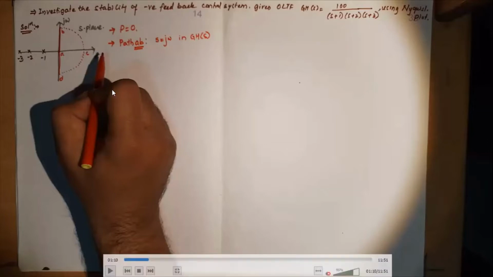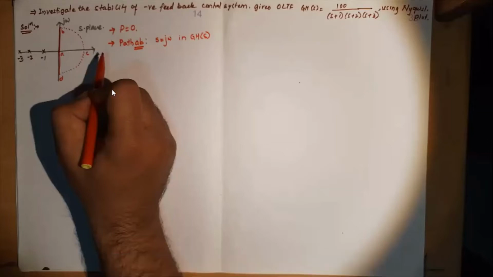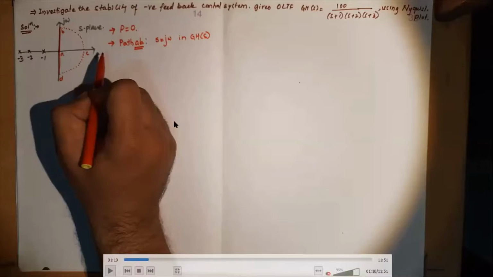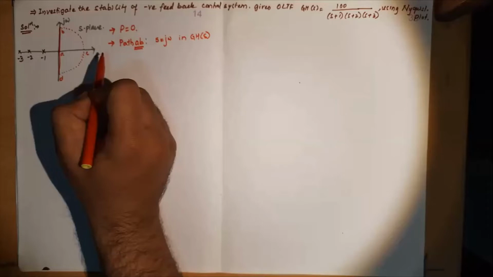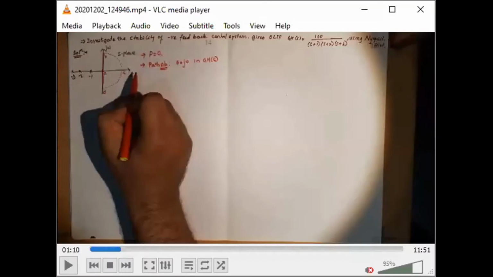Yes, somebody is asking doubt. Please continue. Sir, I was asking in yesterday's numerical, when you were showing the mapping from S plane to GH plane, you had drawn a small semicircle near the origin. Why is that? Small semicircle near the origin. For previous example? Yes, sir. Okay, let me get back and check out.